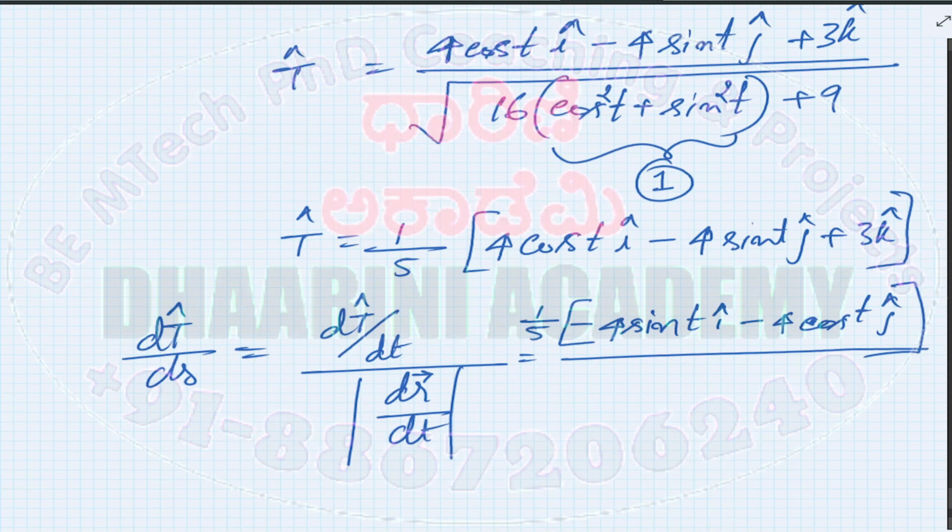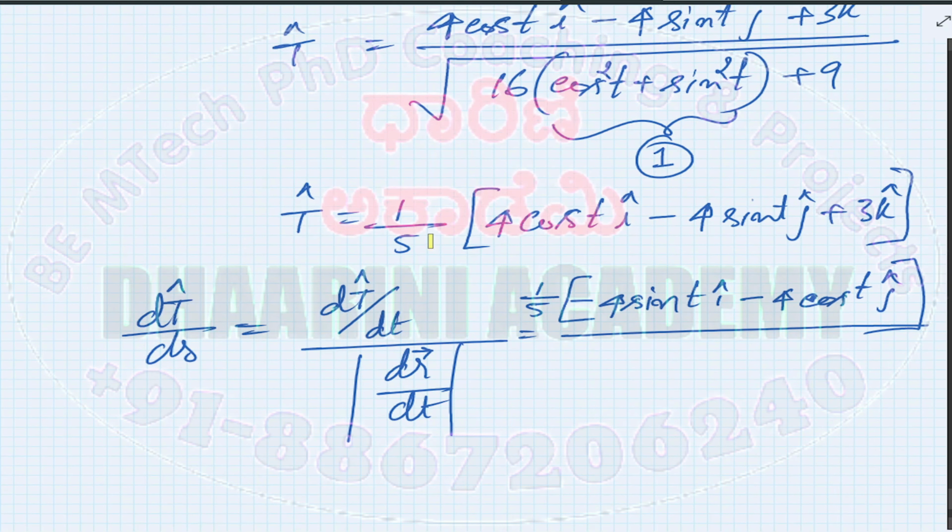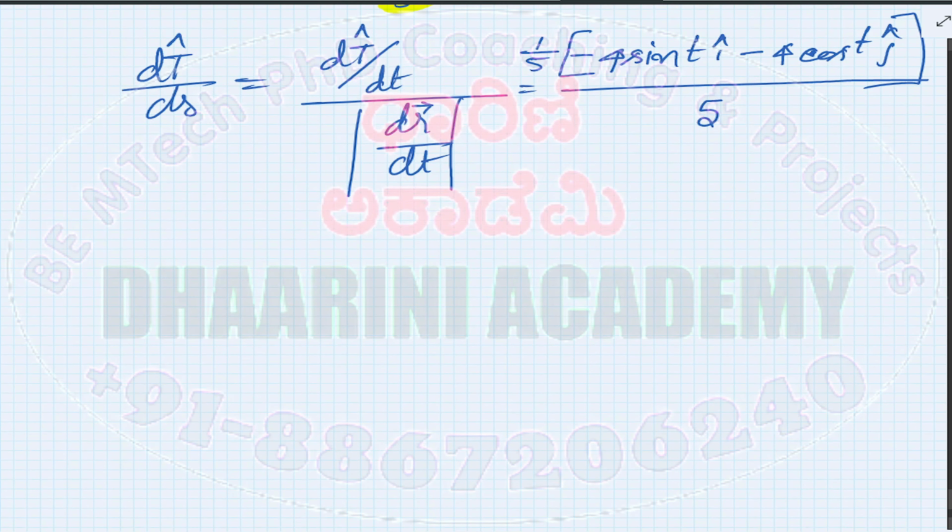But I already have shown that the denominator value is 5. So simply I can write this, already we have calculated, so simplify. You can follow the same procedure and get the same answer once again, but since we already have calculated that, I am simply replacing that value as 5. So the magnitude of dr by dt is nothing but the magnitude of T itself, which is calculated as 5 already.